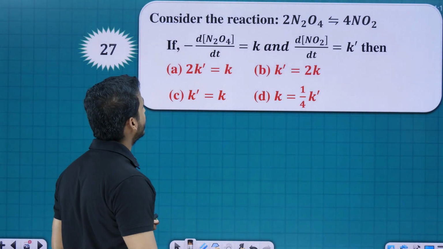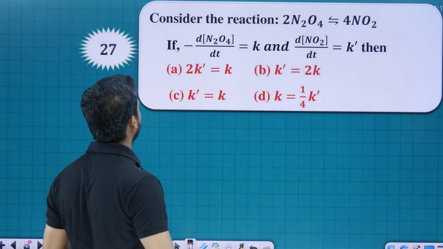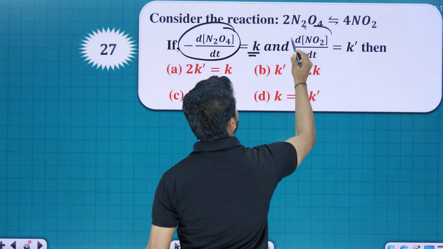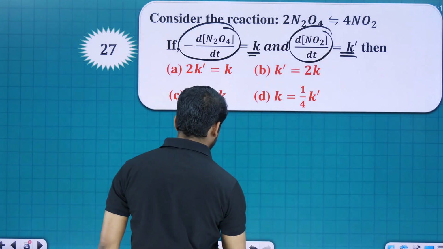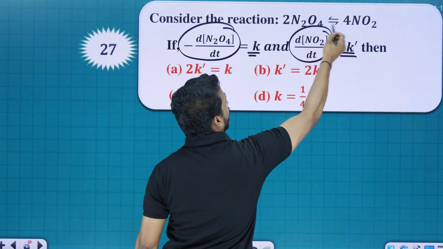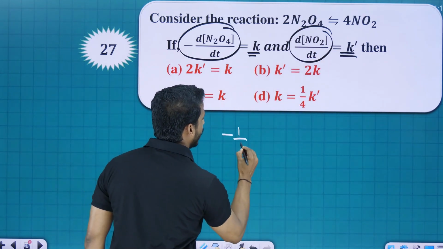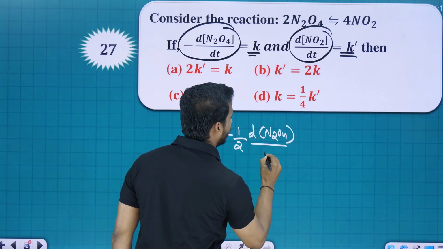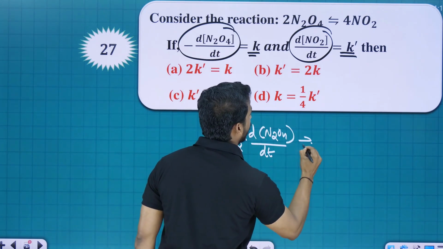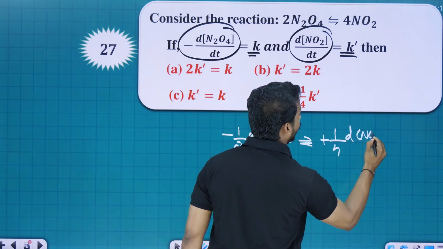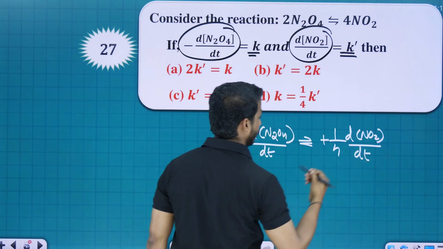Cross check it, okay? Consider the reaction given. If this value is given as K and this value is given as K dash, what is the relation? Simple. Firstly, let me write how we write the rate of this one. Minus 1 by 2 into dN2O4 divided by dt is equal to plus 1 by 4 into dNO2 divided by dt.